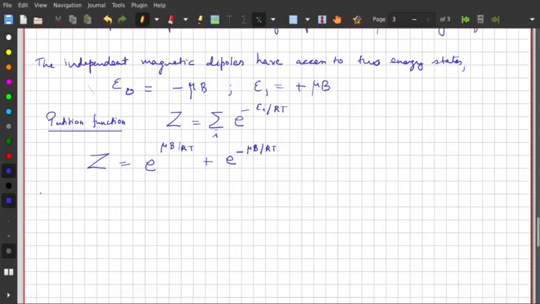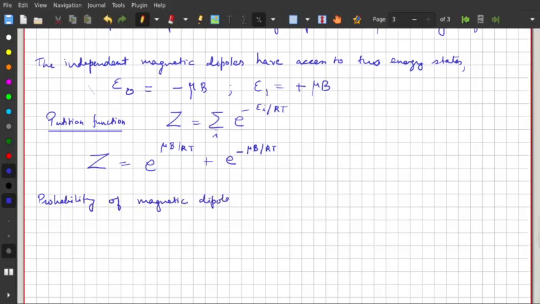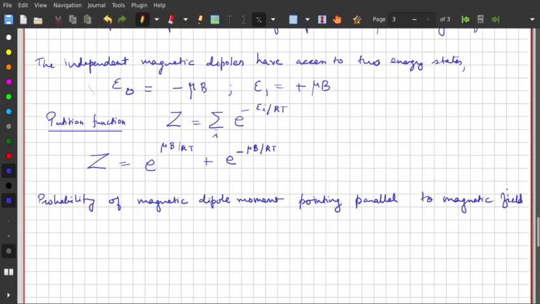So now the probability of the magnetic dipole moment pointing parallel to the magnetic field is given by P. Let's call that state 0.